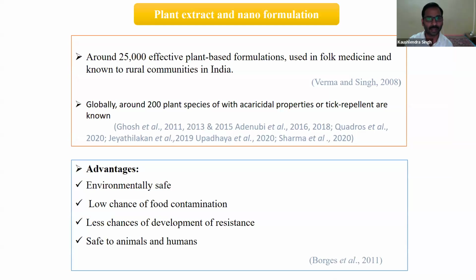Coming to plant extracts or nanoformulations, that is phytoformulations. Around 25,000 effective plant-based formulations are available for use in folk medicine and are known to the rural community in India. Globally, around 200 plant species with acaricidal or tick-repellent properties are known.